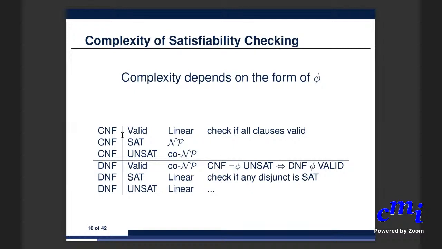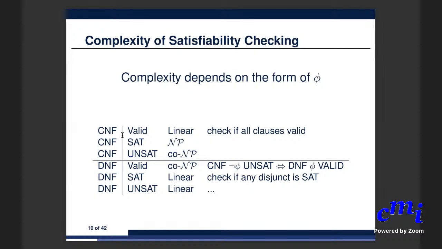A clause, which is a disjunction of literals, is valid if and only if it has at least one literal that appears in both positive as well as negative form. That is, the clause has to be a tautology.